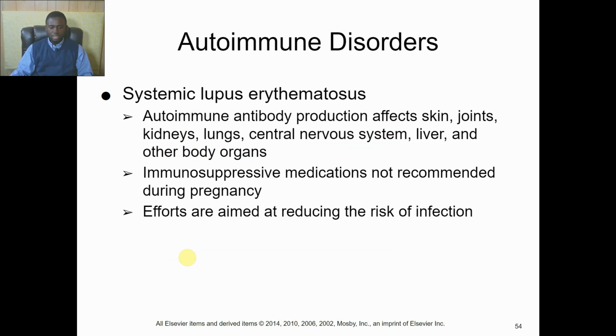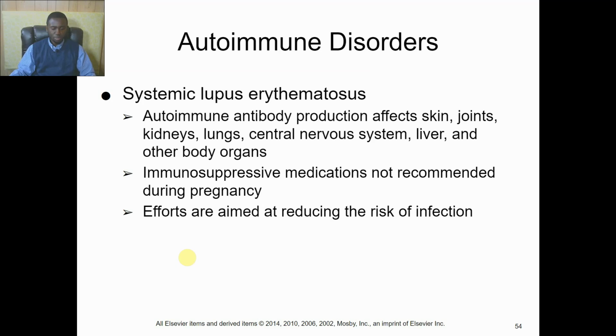Autoimmune disorders are also disorders that affect the immune system, and this can compromise pregnancies. One example is systemic lupus erythematosus. Autoimmune antibody production affects skin, joints, kidneys, lungs, central nervous system, liver, and other body organs.